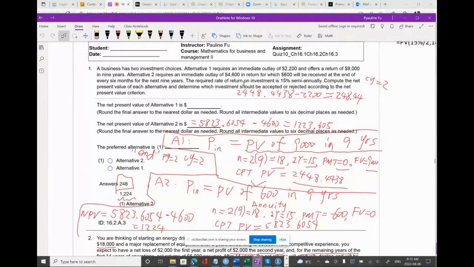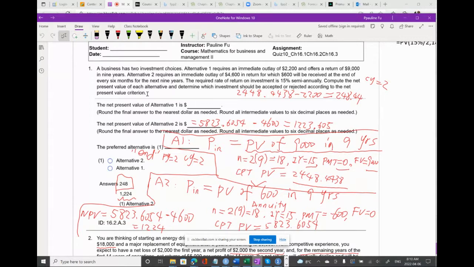The required rate of return on investment is 15% annually. Compute the net present value of each alternative and determine which investment should be accepted or rejected according to the net present value criteria.